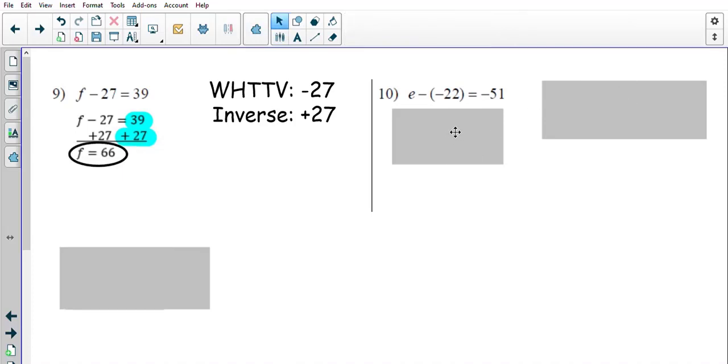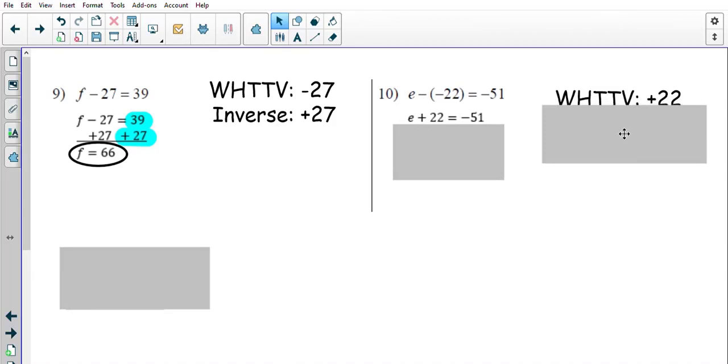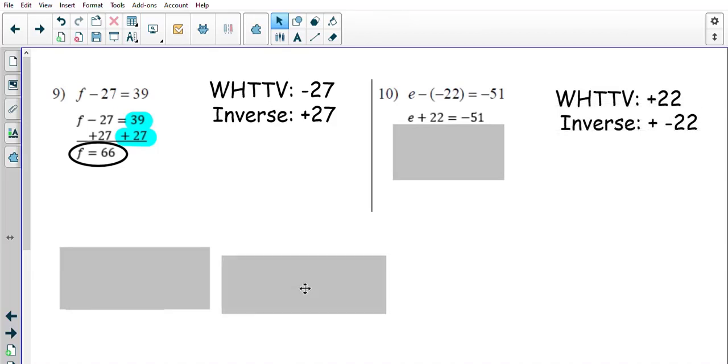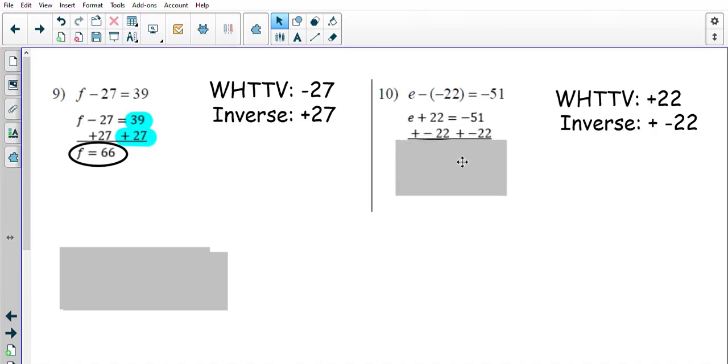Number 10, I am going to start by adding the opposite and rewrite this as e plus 22. So what's happening to the variable is that we're adding 22. The inverse of that is to subtract 22 or add a negative 22. Both are correct. So we're going to show plus a negative 22 on each side.